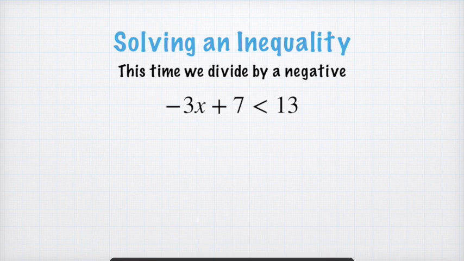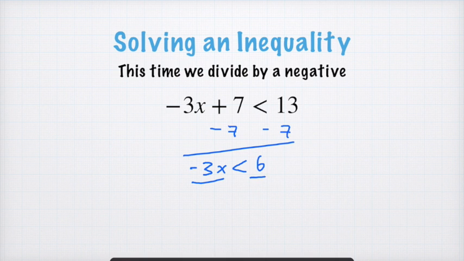So we're going to solve an inequality here, but this time we're going to end up dividing by a negative. So negative 3x plus 7 is less than 13. We'll subtract our 7's. We'll get negative 3x is less than 6. Let's divide by negative 3. And since we're dividing by a negative, we have to make sure that we flip the sign.